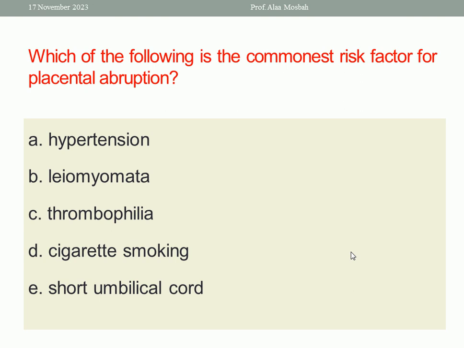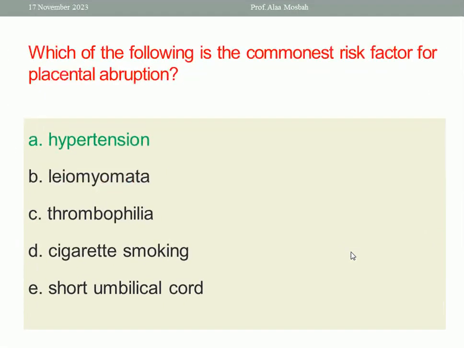Choose the one best response. The one best response here is A. Hypertension. Of course, hypertension and preeclampsia constitute more than 50% of risk factors for placental abruption.